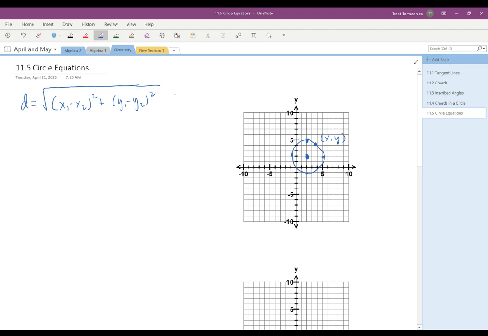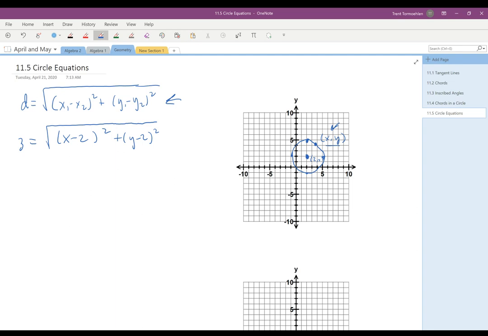So if I substitute that into the distance equation, I get 3 equals the square root of (x minus 2) squared, since x1 is x and x2 is 2. Our two points are (x, y) and (2, 2). (x, y) is just a general point we use to represent every point on the graph. Then plus (y minus 2) squared, because y is y1 and 2 is y2, since the center point is (2, 2).